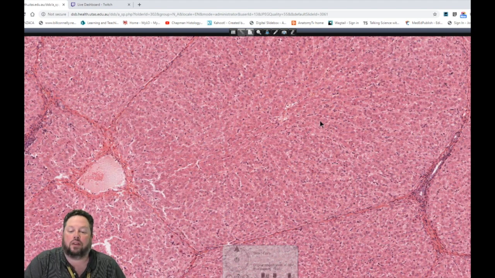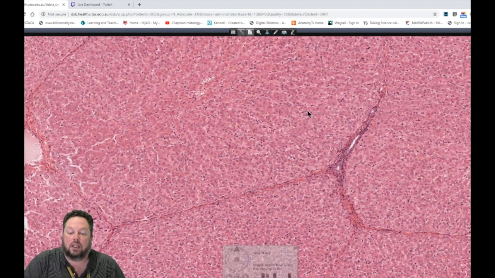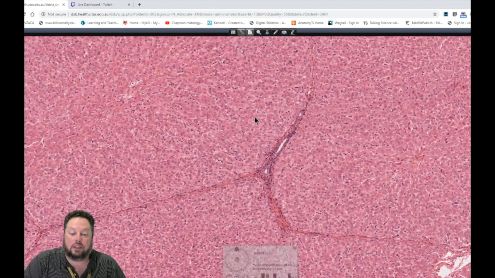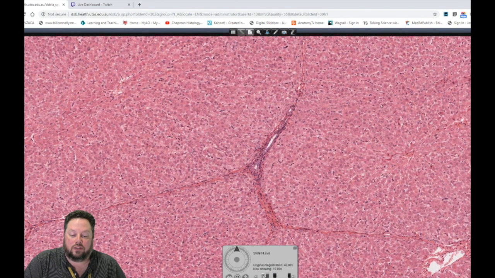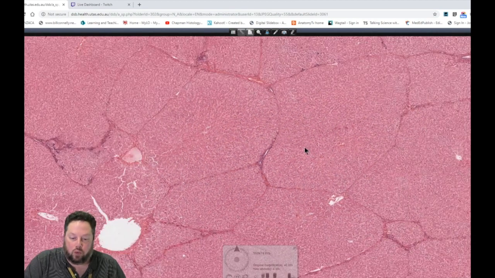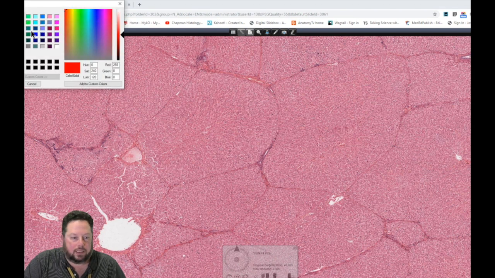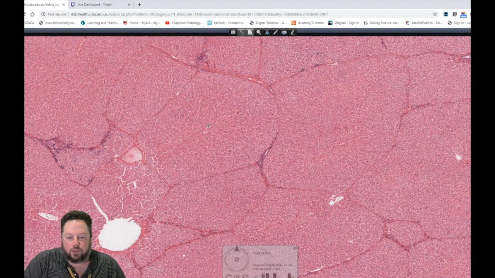Now, there are two other ways to think about the structure of the liver in terms of the liver lobule structure. One of these thinks about connecting three lobules.